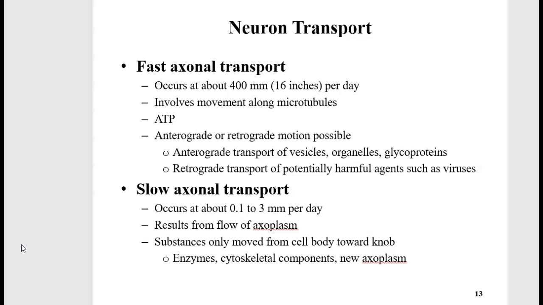Sometimes there are substances that move from the axon terminal back to the cell body. Slow axonal transport is going to result from the flow of axoplasm or cytoplasm. It's a very slow transport, and this would be substances that are produced in the cell body moving toward the synaptic knob.